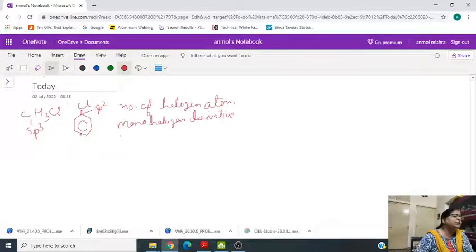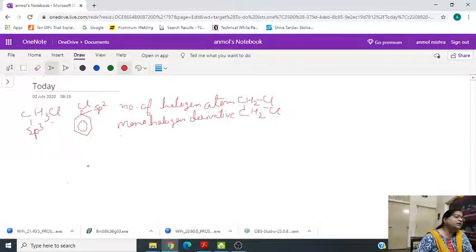We can take the example of CH3Cl, that is methyl chloride. If two halogen atoms are present, as in ethylene chloride, it is called a dihalogen derivative. Likewise, if 3, it is a trihalogen derivative, if 4, a tetrahalogen derivative, and so on.